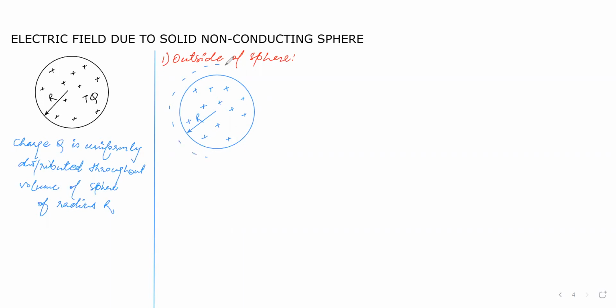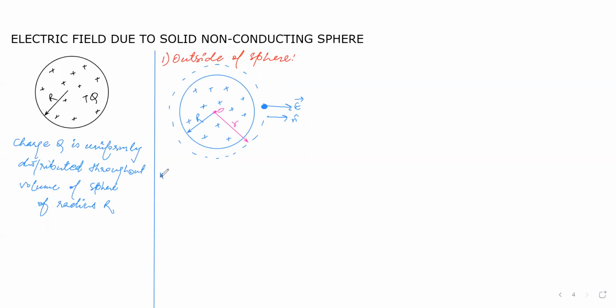Suppose that this is your Gaussian surface for outside of the sphere. This is your point where we want the value of the field. This is your electric field value, and the area vector is also in the same direction. Radius of this Gaussian surface is taken as small r. This is your center O.